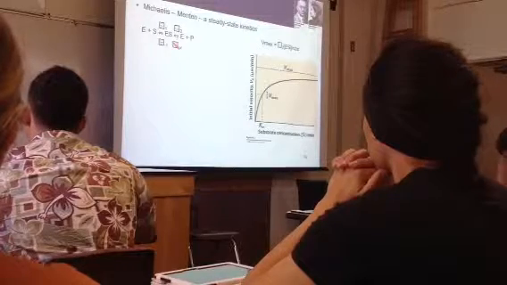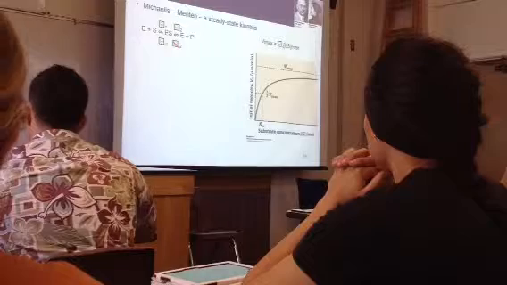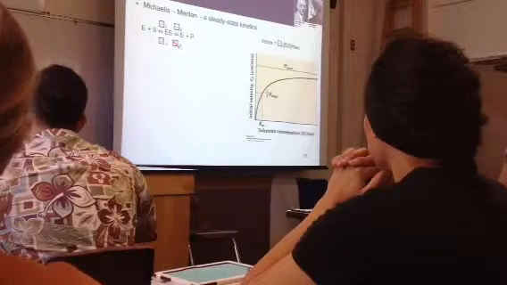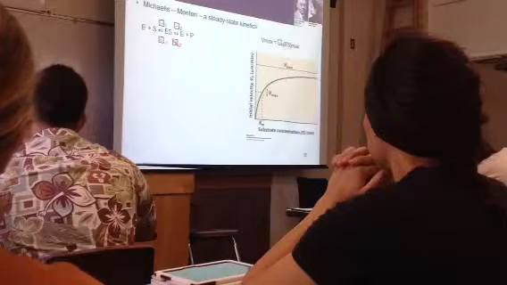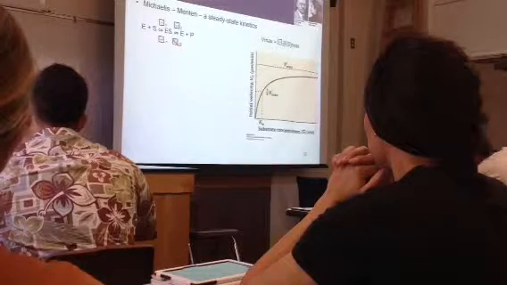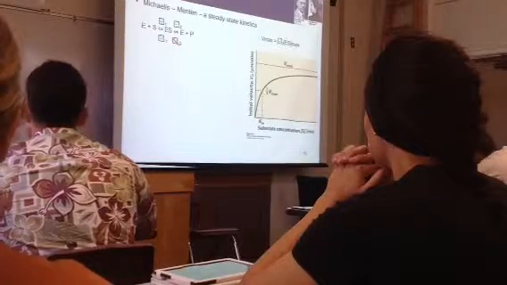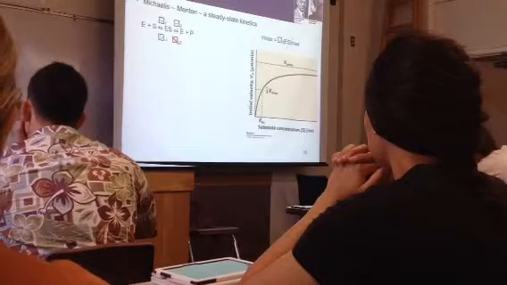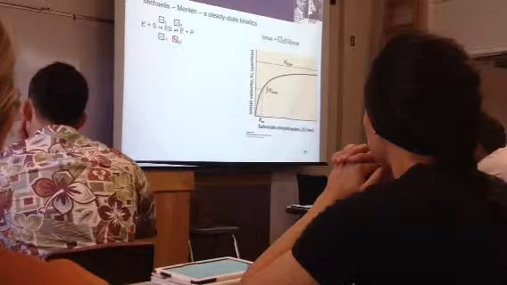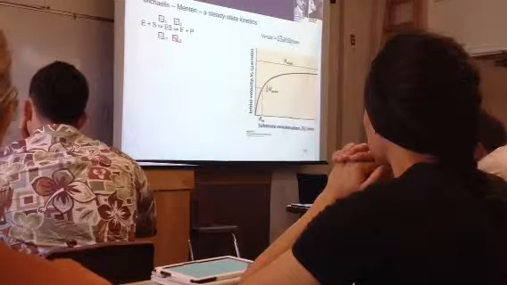The enzyme-substrate complex can either break down back to its members, substrate and enzyme, with a rate constant of k-1, or it can become enzyme and a product with a rate constant of k2. Now this is k-2. That's the constant describing the reverse reaction, or the enzyme and product forming an enzyme-substrate complex.